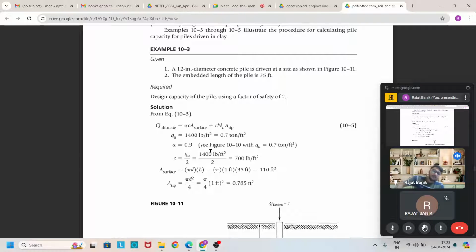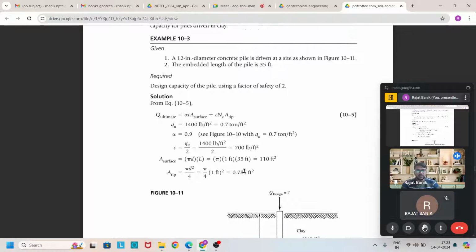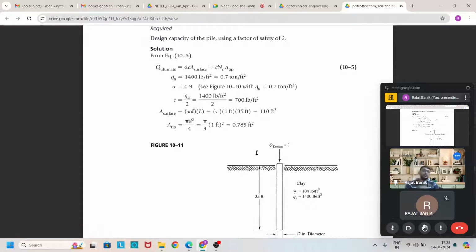The formula is alpha into c pi d L, plus c N_c pi by 4 d square, where N_c is 9, alpha is here given 0.9, and put all these values in this equation and easily get the answer. So the clay equations are easier to find out the capacity in clay than in sand, because in sand we have to consider the critical depth and the pressure diagram, from which we find out the average effective stress.